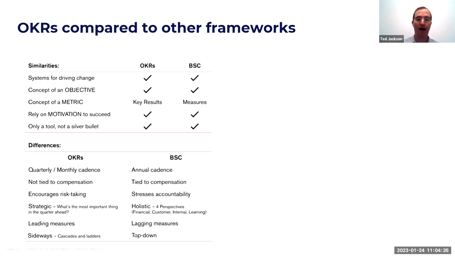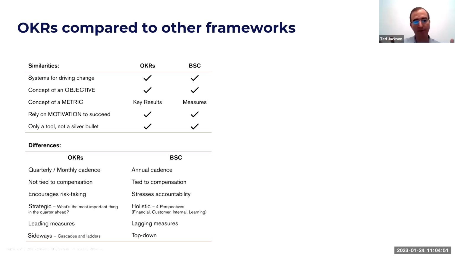With the balanced scorecard, you're typically looking out long-term, sometimes a 3 to 5 year strategic plan. You may still have a monthly or quarterly cadence, but you're driving towards annual targets typically. We see a lot of balanced scorecards tied to compensation.